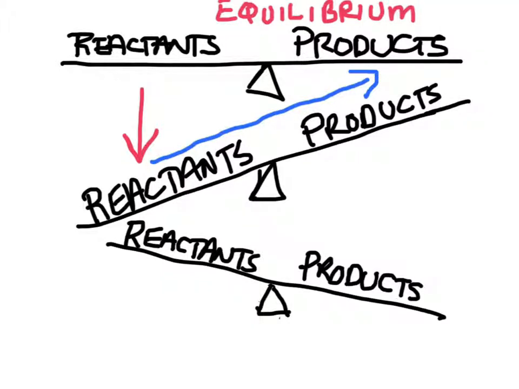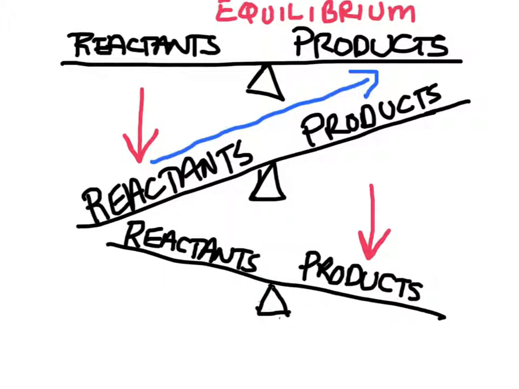Okay? Now let's say instead of adding more reactants, we actually add more products. So this time we're going to make this side get heavier. We're adding more here at equilibrium. So when we add more than we normally have at equilibrium, we're going to push down on that side.